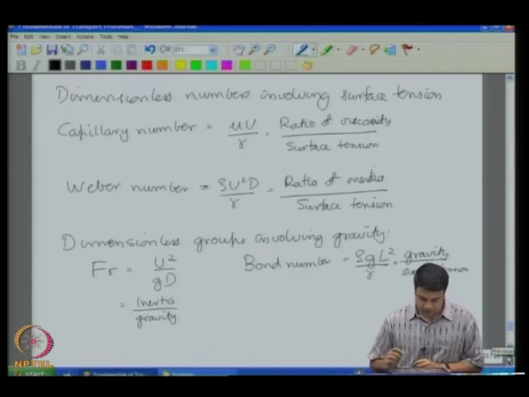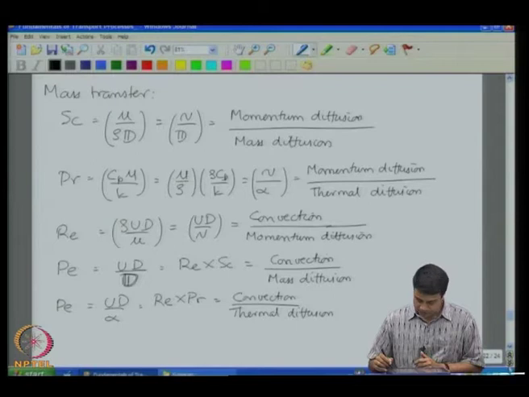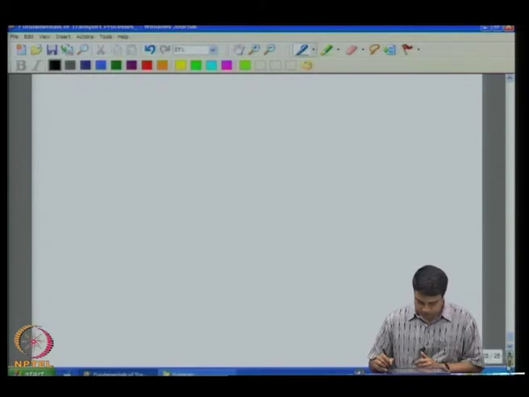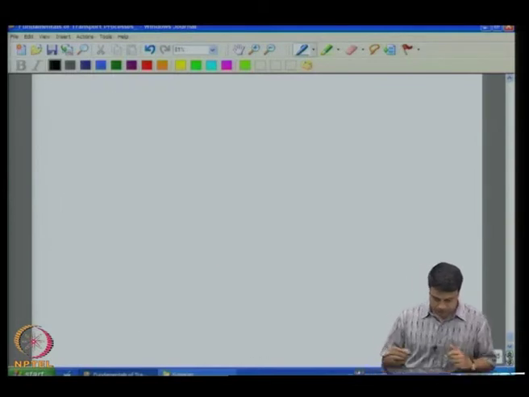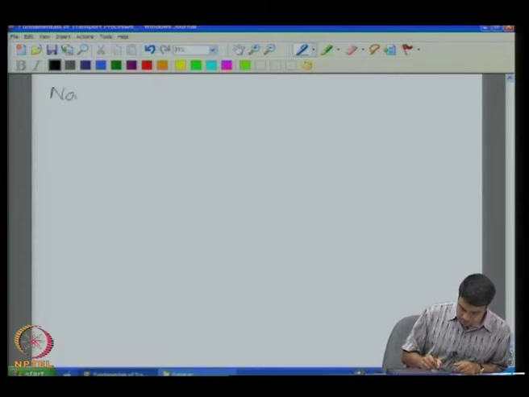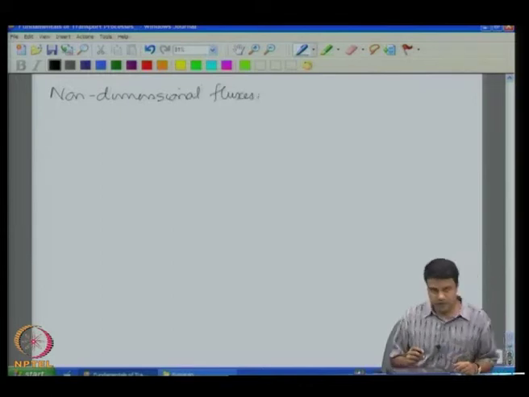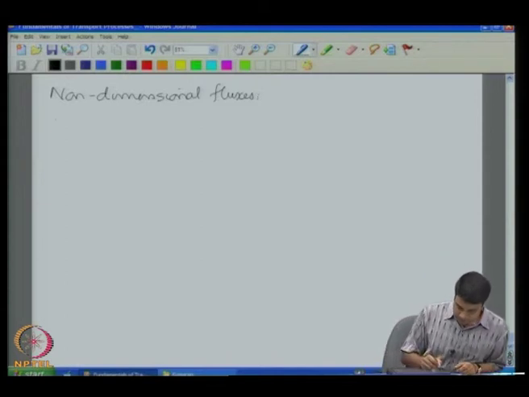And then we have non-dimensional fluxes. We have already seen those. The Nusselt number and the Sherwood number.